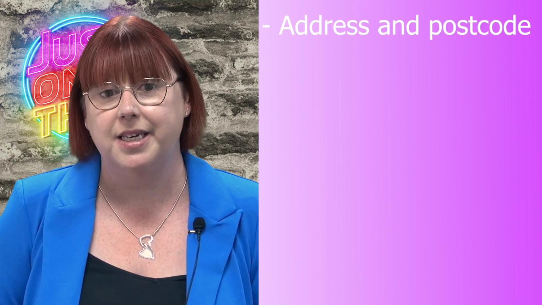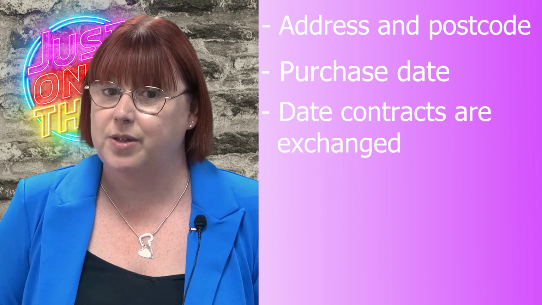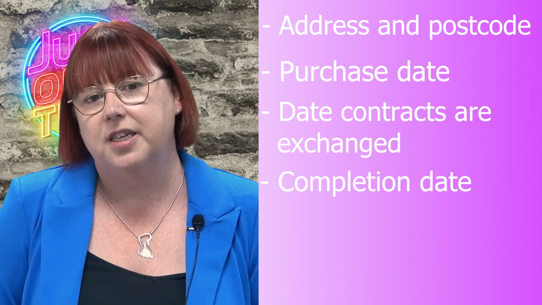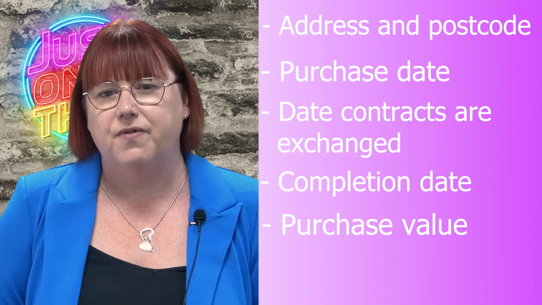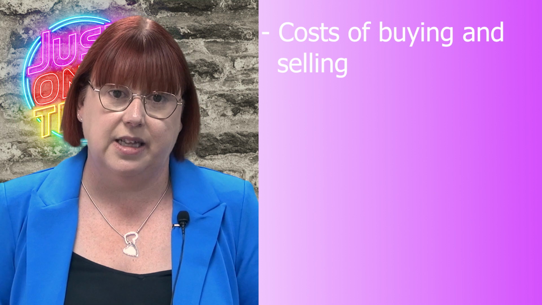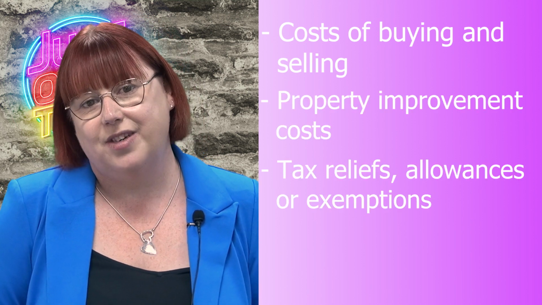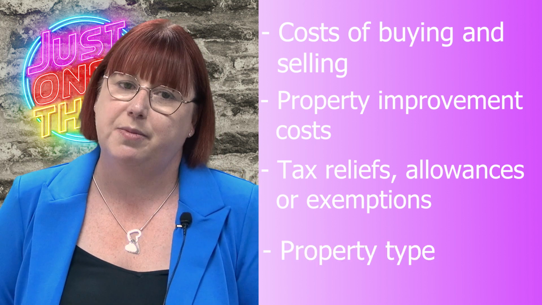In order to complete the return, you'll need the address and postcode of the property, date you got the property, date you exchanged contracts when you were selling or disposing of the property, date you stopped being the property's owner, the completion date, value of the property when you got it, value of the property when you sold or disposed of it, costs of buying, selling or making improvements to the property, details of any tax reliefs, allowances or exemptions you're entitled to claim, and the property type if you're not a resident of the UK.